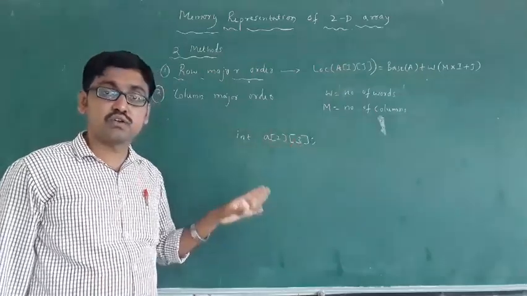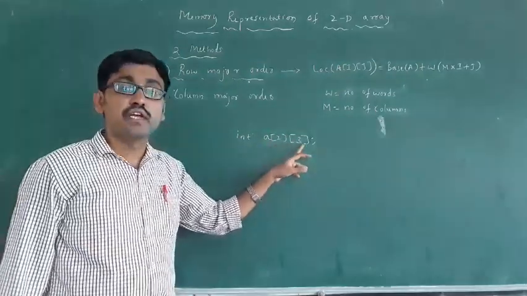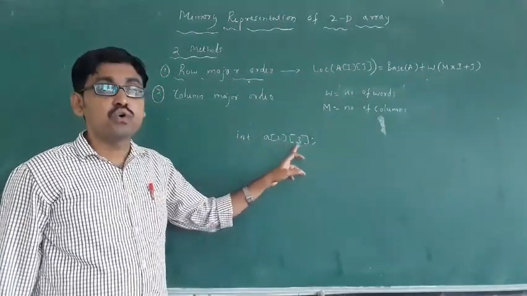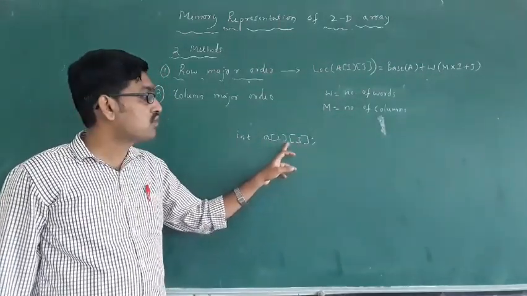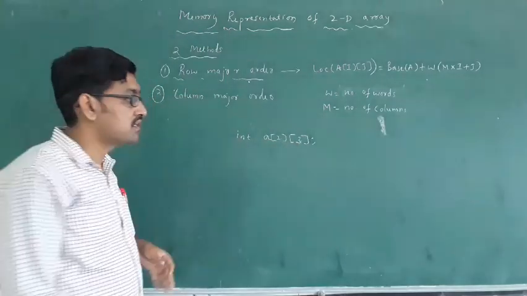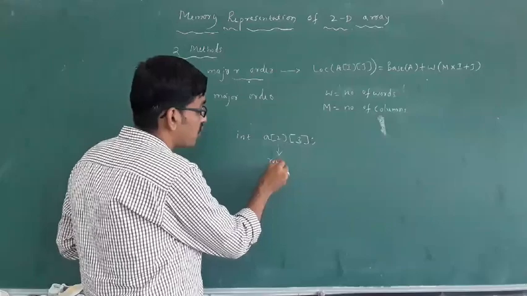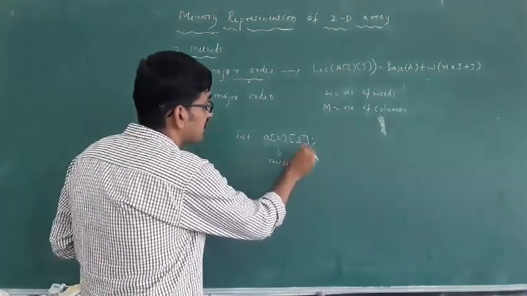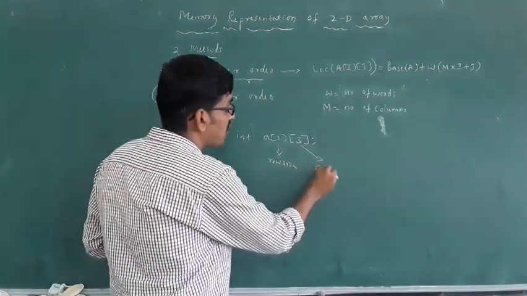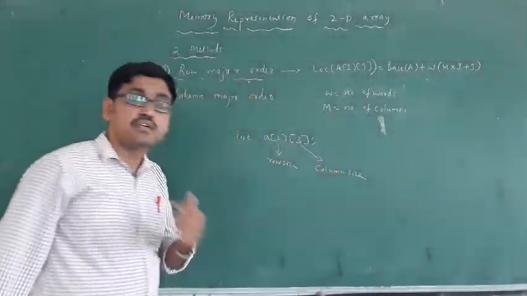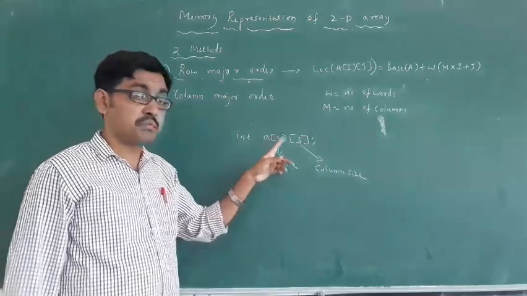A 2D array means a collection of elements which have the same name, same data type, but 2 subscripts. The first subscript describes the row size, then the second subscript describes the column size. This you have to remember.